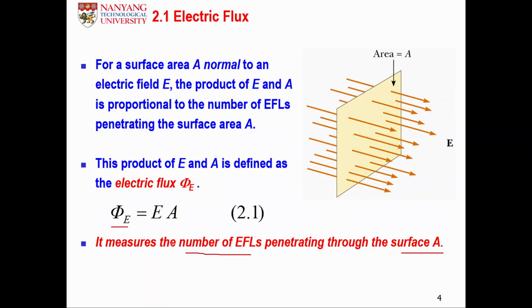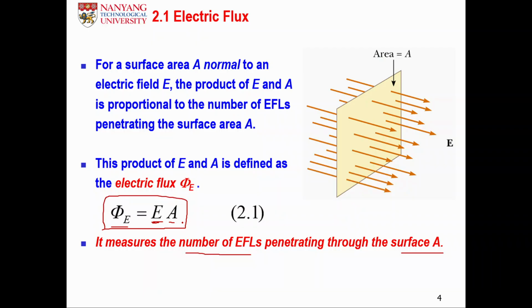And if we write down this definition into a formula, basically it is this, right? This is the definition of electrical flux. This E is basically the number of electrical field lines times the area, so that is the total number of electrical field lines, right?